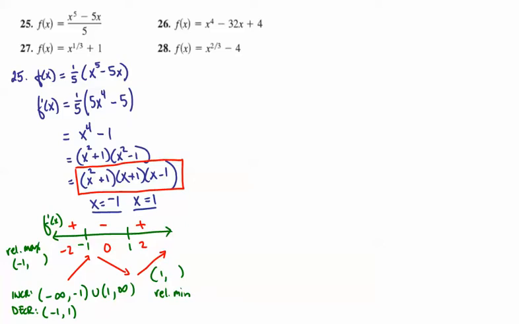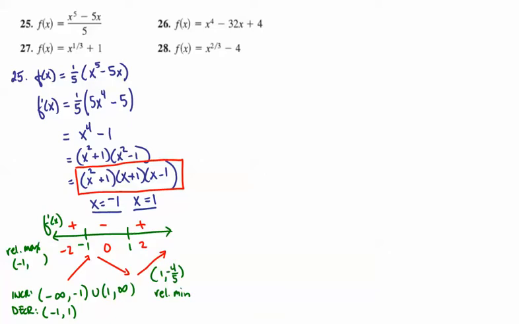Okay, so let's see if we can tell. We go back to the original function for the coordinates of the relative extrema. Plugging in 1, I get 1 minus 5, which is -4, over 5, which is -4/5 for the minimum.